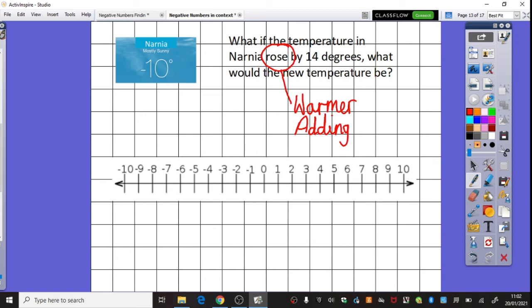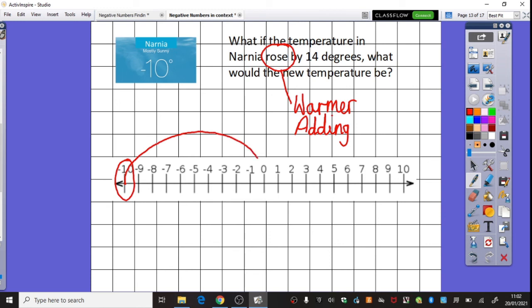So we're looking at the temperature in Narnia being minus 10 degrees and it's rising by 14 degrees. What would the new temperature be? So we need to add, we need to increase the temperature, we need it to go up to get warmer by 14 degrees. Well, I'm going to go back to that method I found useful on Monday.